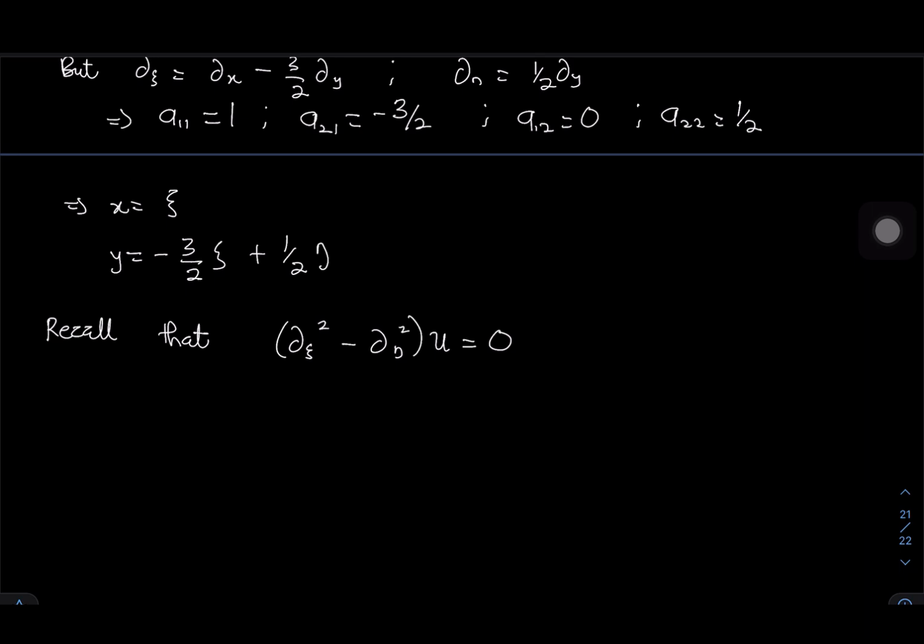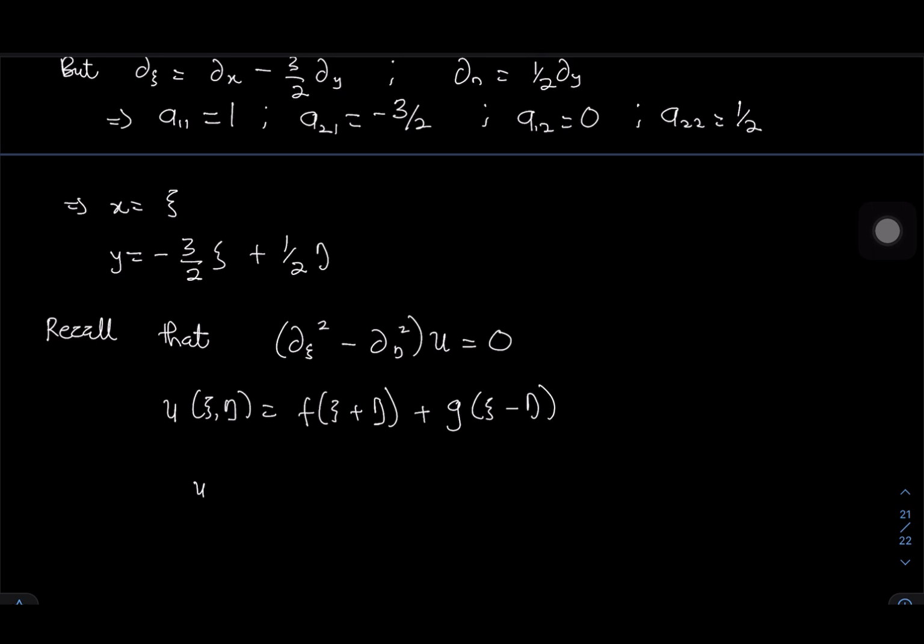Once we have something like this, we know that the solution is going to be a function, let me use a small letter f, of xi plus eta, then plus another function of xi minus eta. We know this because we've done it already, right?